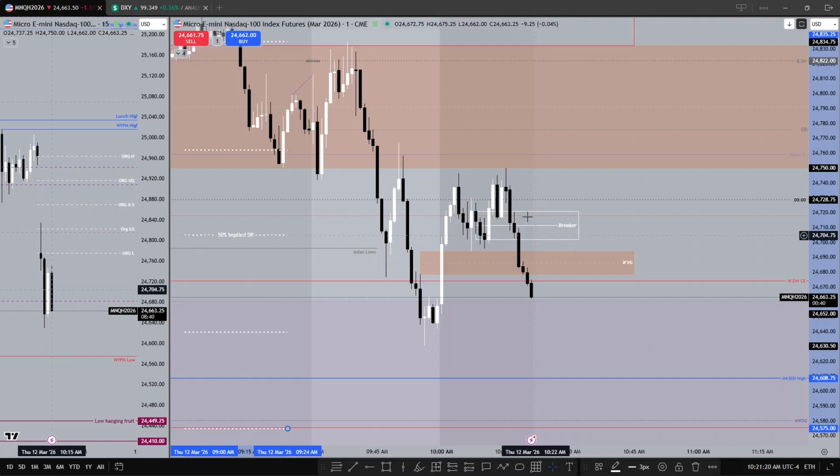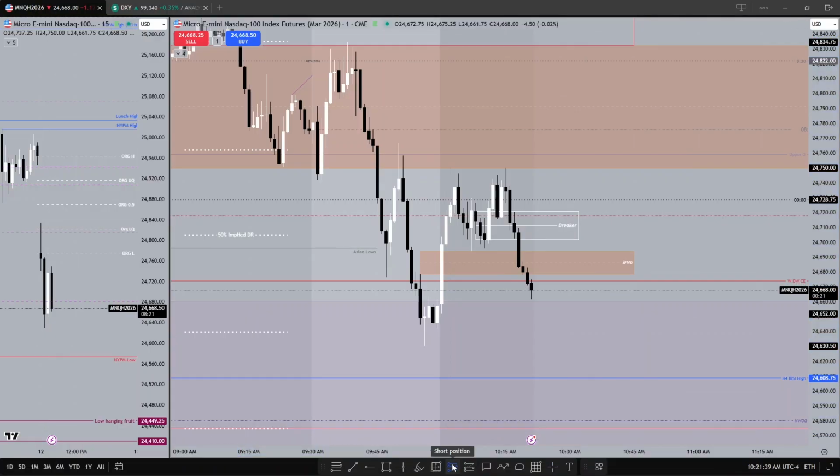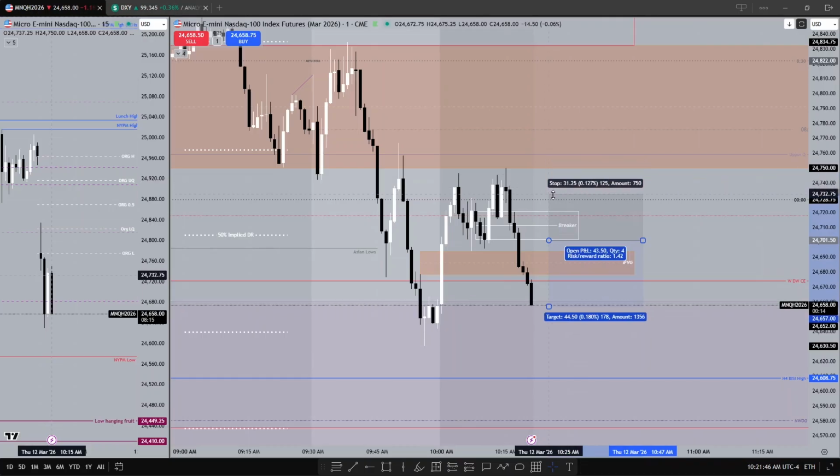Honestly, it looks like I'll skip this one now because the likelihood of that retracement is not too good. Retracement not good. And that's the only level I could short for. Anything else would be chasing price. So I'm really looking to see if price could trade back.